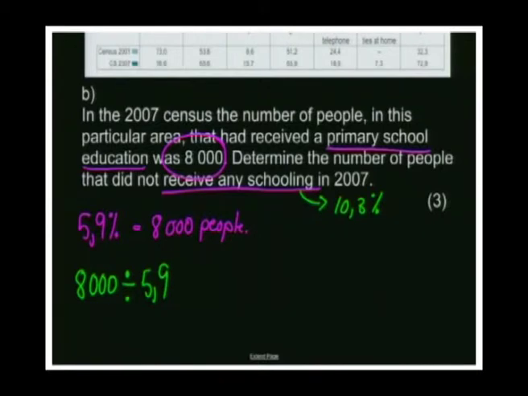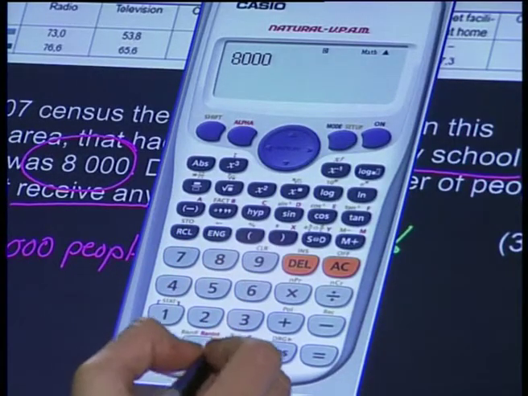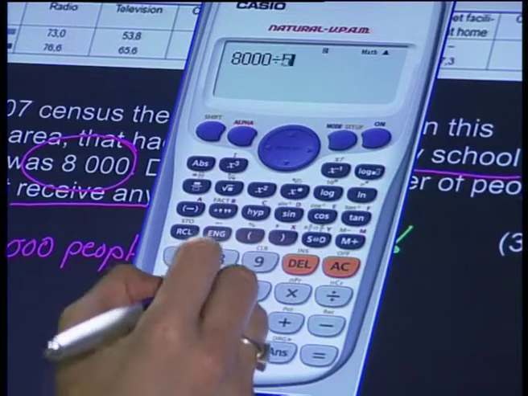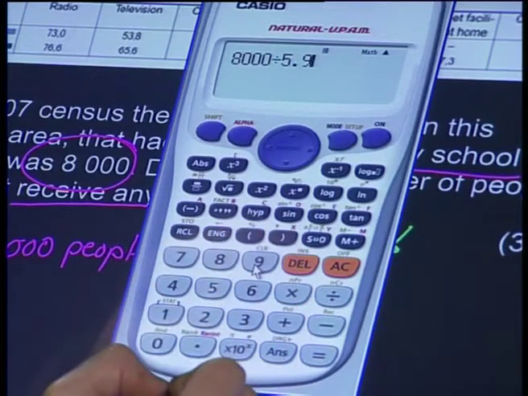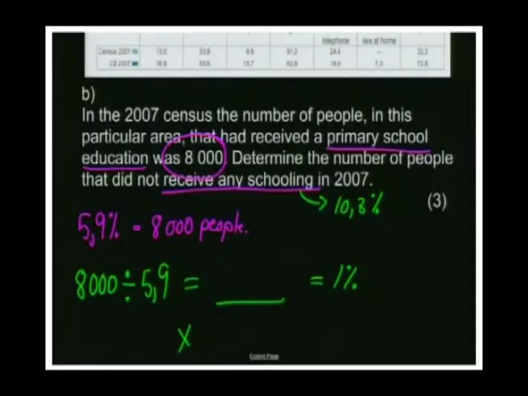So let's have a look at our calculator. We're going to say 8,000 people divided by 5.9, and then we will have our answer in what is equal to 1%. And if we want to get something up from 1% to 10.3%, we just have to then multiply our answer by 10.3.